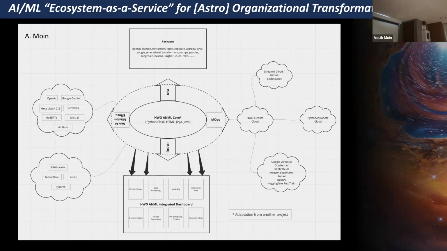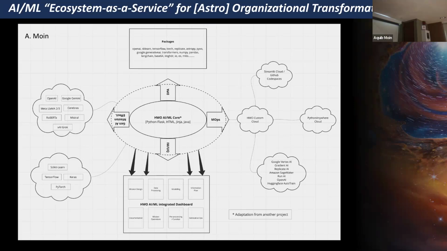So let's say we have been talking about the Habitable Worlds Observatory as an example, but take any example: Hubble, James Webb Space Telescope, Chandra, whatever you want. And you want to deploy AI/ML across its operations.